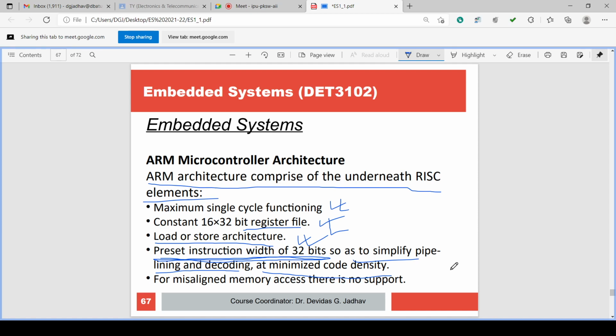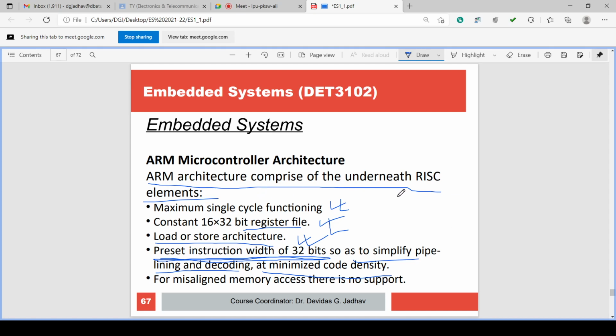That understanding of the meaning of the instruction by the processor is called decoding. If the instruction is decoded, then its meaning can be understood. That is called decoding of the instruction.